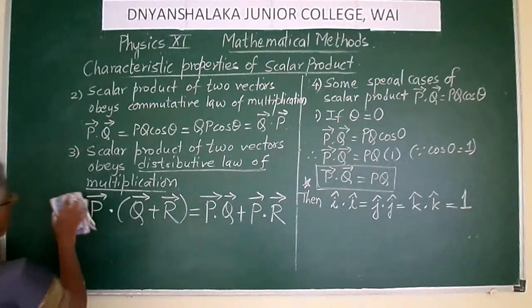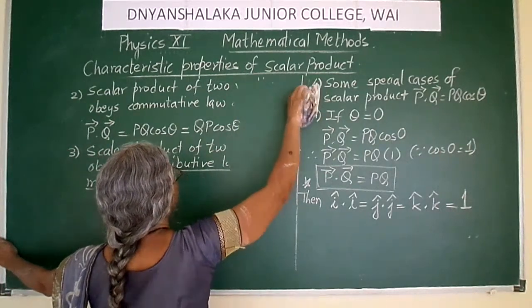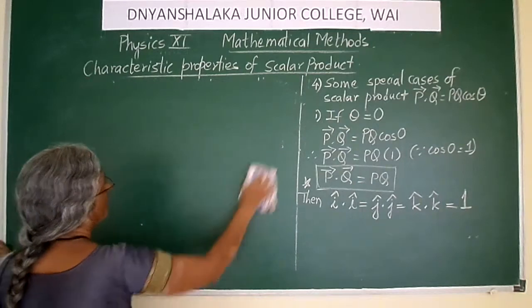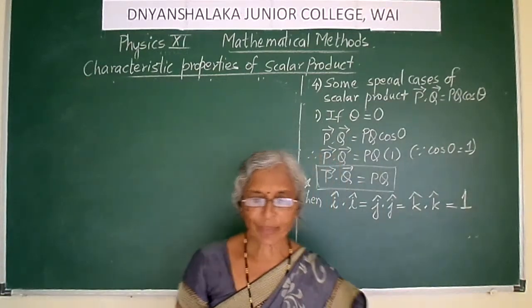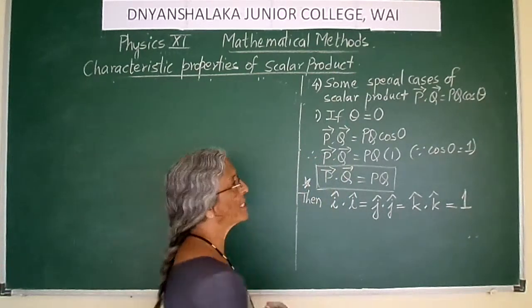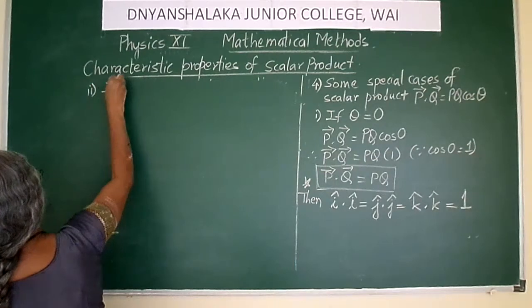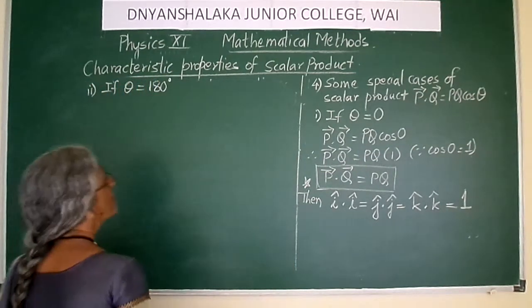Okay. Now we'll go for the second case. What is our consideration in the second case? In our second case, we will take theta is equal to 180 degrees. Are you understanding?